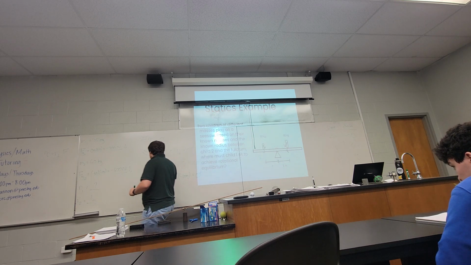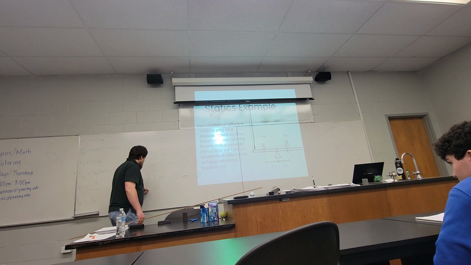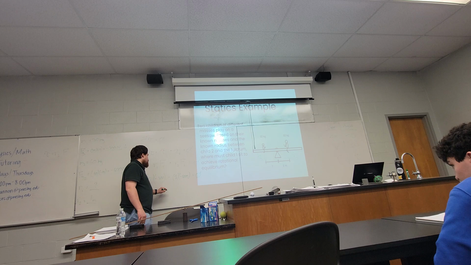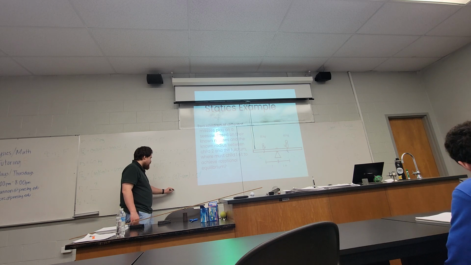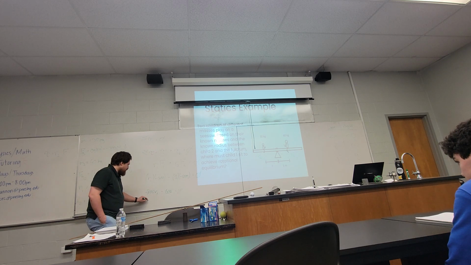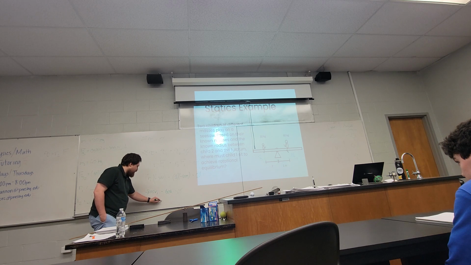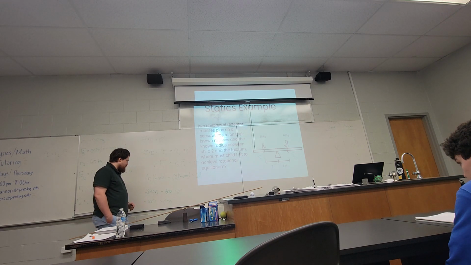Now our goal is to get R1 by itself, so I'm going to try to simplify this a little bit. Negative 300 times R1 minus 600, just negative 600 times 1 is going to be negative 600, equals 0. Negative 300 times R1 equals positive 600 if we add 600 on both sides to move it over.